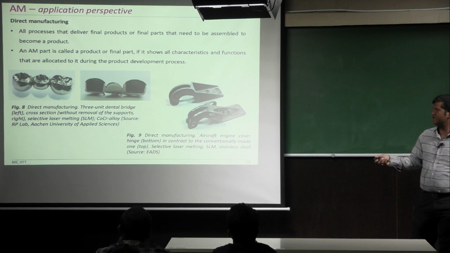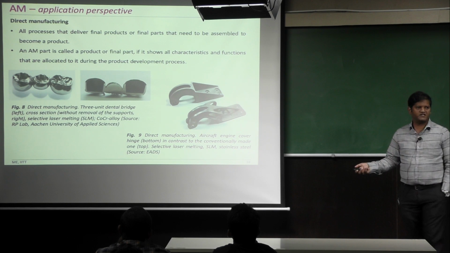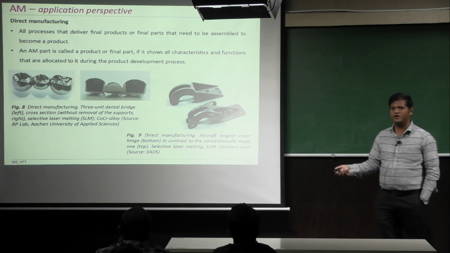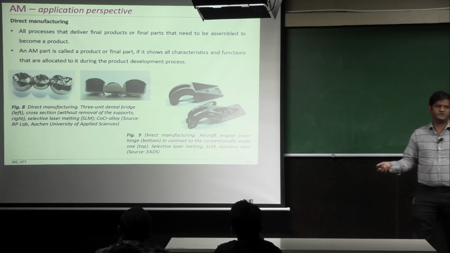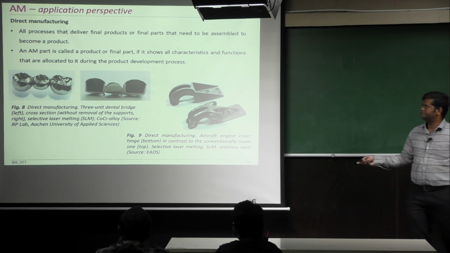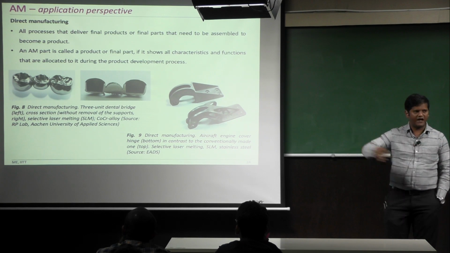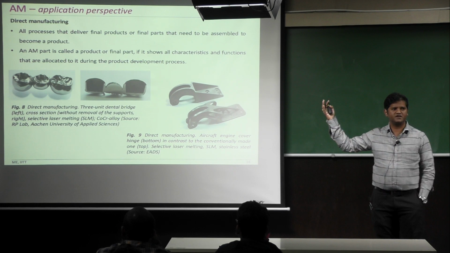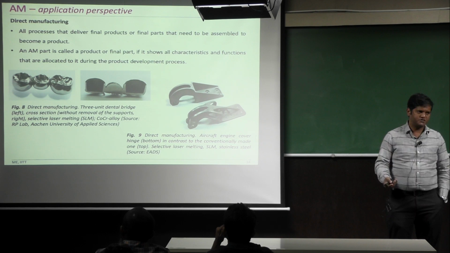This is the flexibility given by the AM, that means this kind of bionic structure, complex structure can be manufactured comfortably by using AM process, in contrary to the conventional machining process, okay. So these are the final components that we directly use for the service, and these components are directly manufactured by AM process.